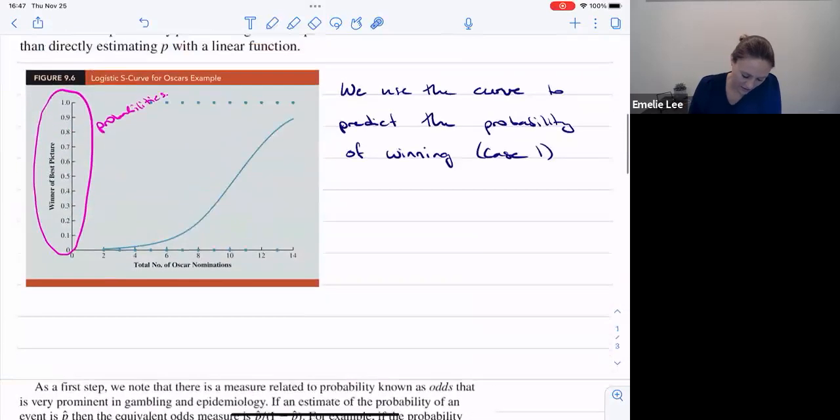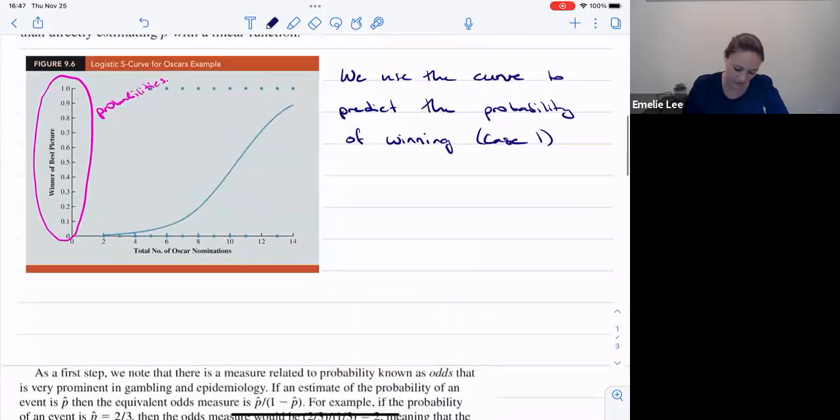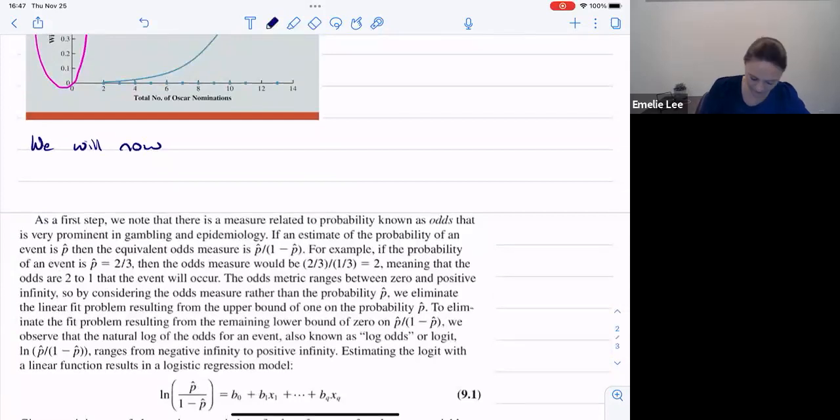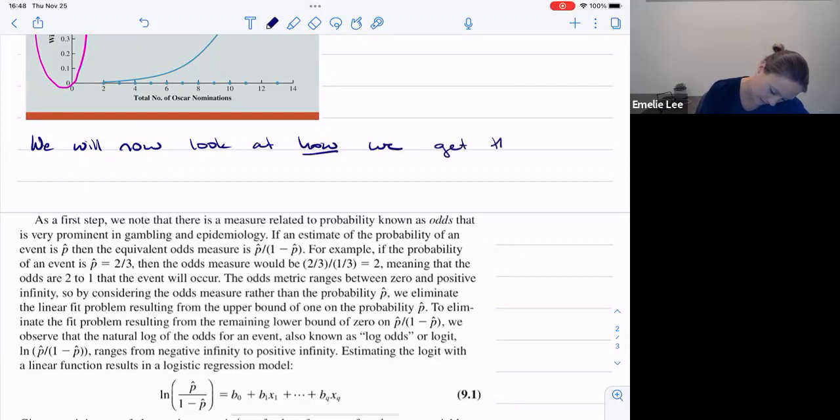How do we get the equation for this curve? We will now look at how we get the equation for this S curve.